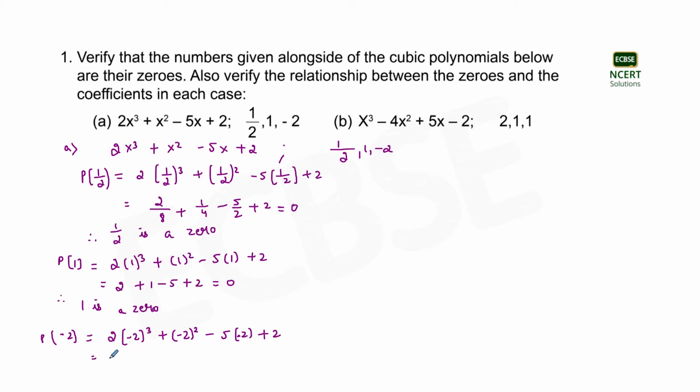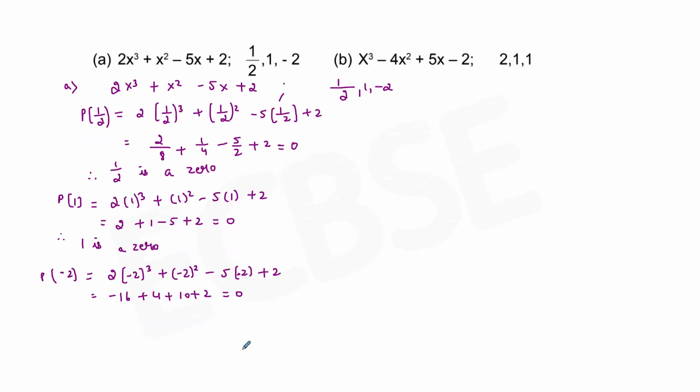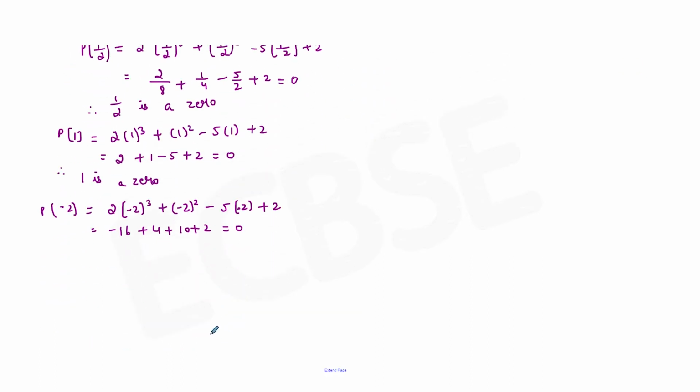Or we can write it as minus 16 plus 4 plus 10 plus 2, which comes out to be equal to 0. So what it means is that minus 2 is a zero of this polynomial.